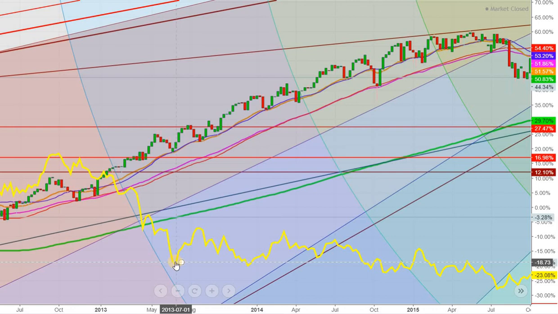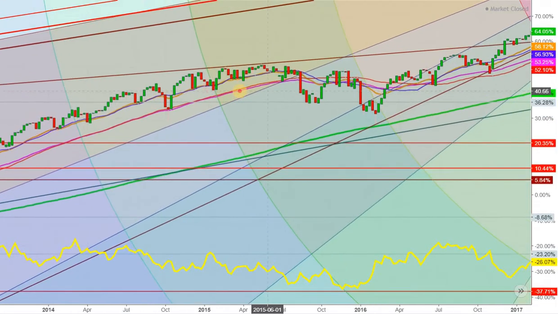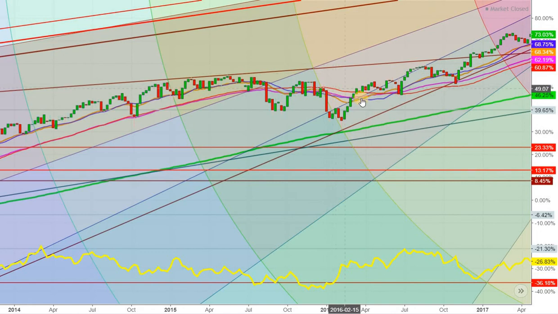Since then they remained under pressure and moved at lower levels while the S&P 500 futures were touching their highs. Here you can see that the S&P 500 futures were moving towards new highs, whereas the gold futures were trading at the average levels at the same time during the year 2016.